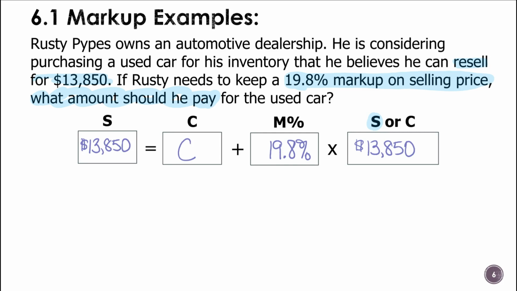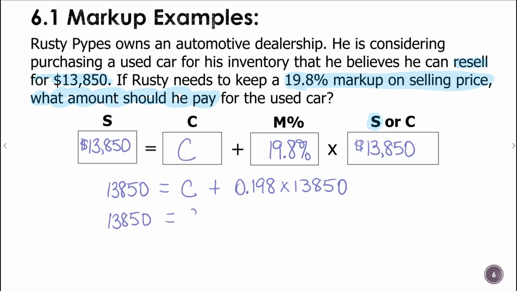So basically the formula gives us an equation. And this is what the equation looks like. 13,850 equals C plus 19.8%, which is 0.198, and we're multiplying that times 13,850. And so that is the equation. Okay, so we have the 13,850 equals my cost plus, when I multiply those two numbers, the 0.198 and 13,850, I get 2742.30.